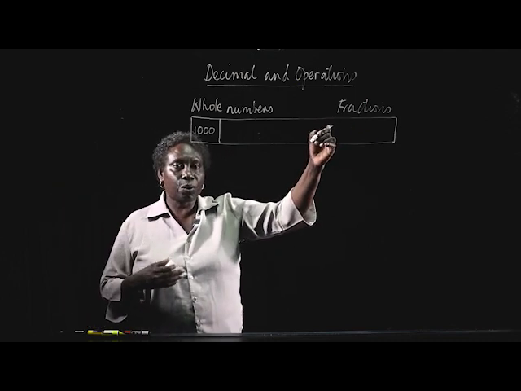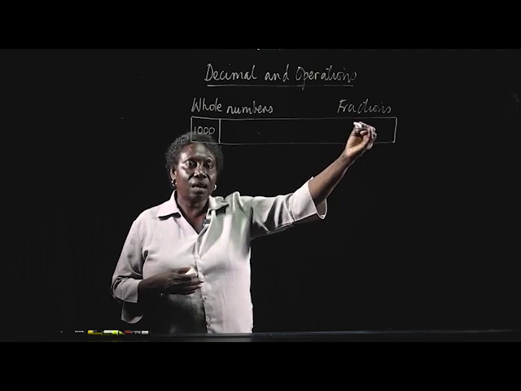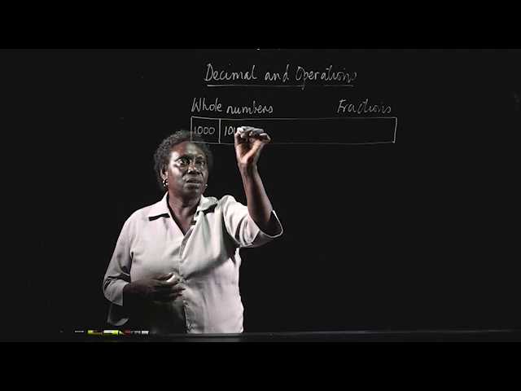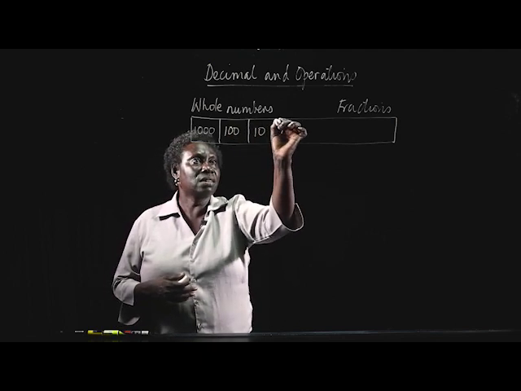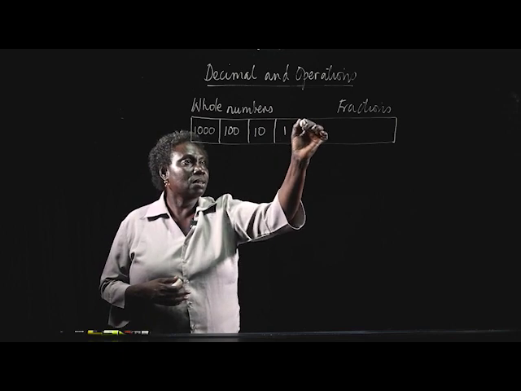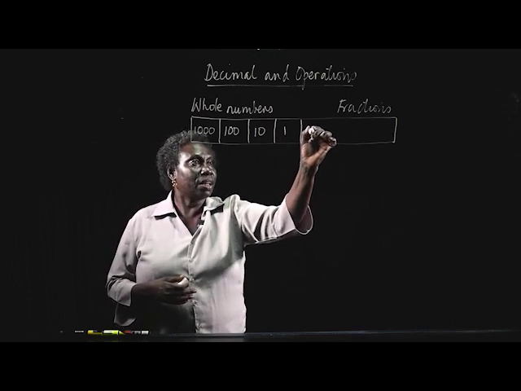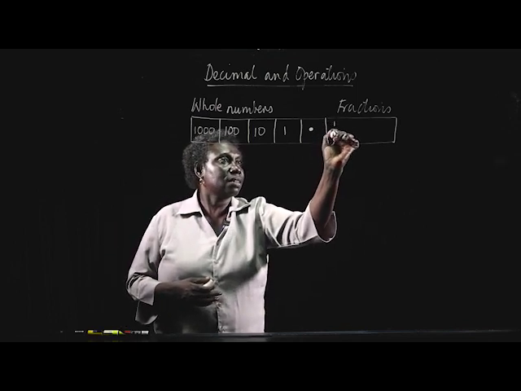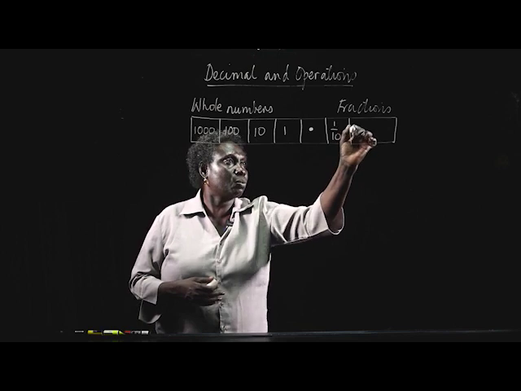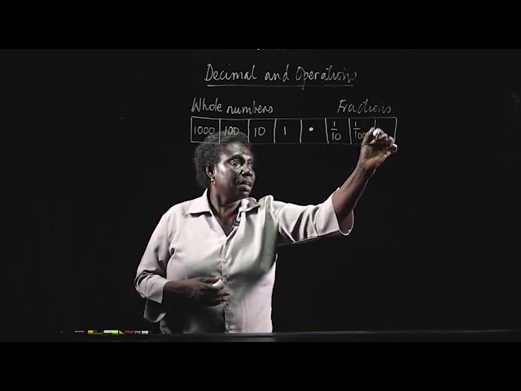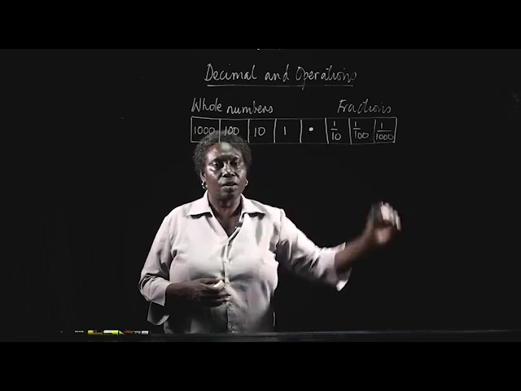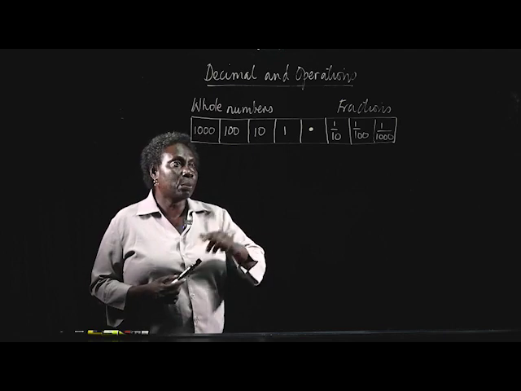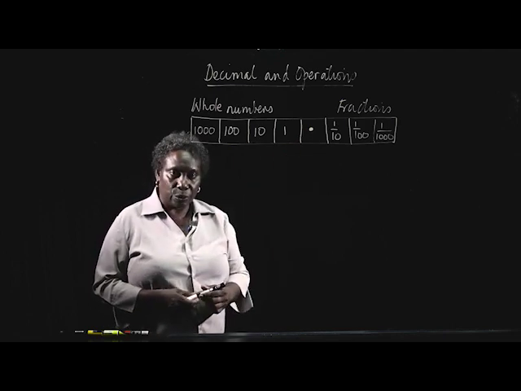We have 1,000, we have the hundreds, we have the tens, we have the ones or the units, and then we have a decimal point here which separates the whole numbers from the fractions, followed by the tenths, hundredths, thousandths, and so on.